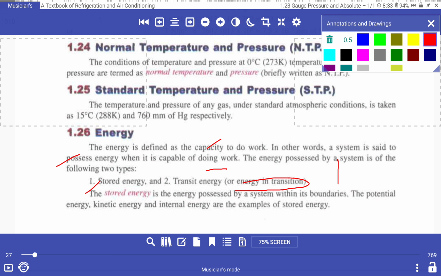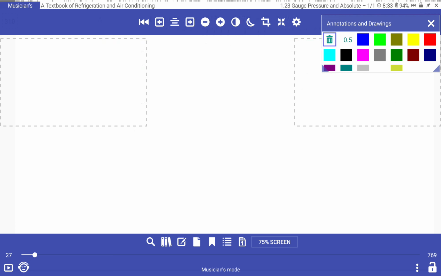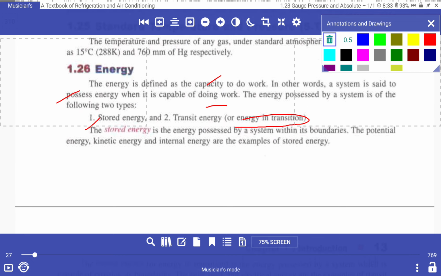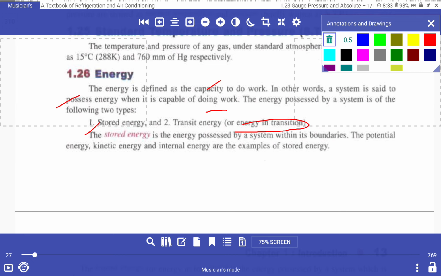within its boundaries. Okay, the potential energy, the kinetic energy, and the internal energy are the examples of stored energy.